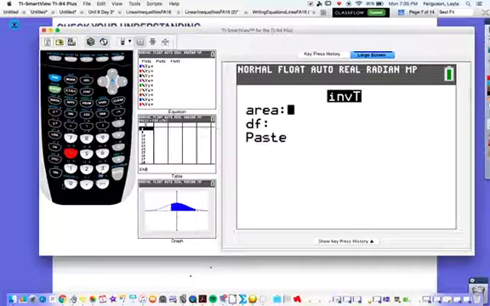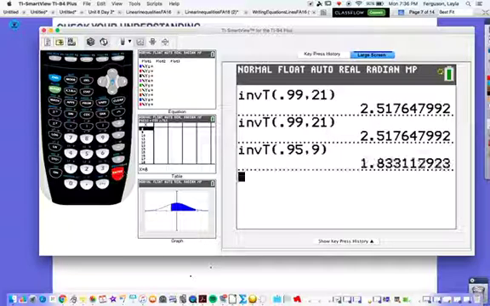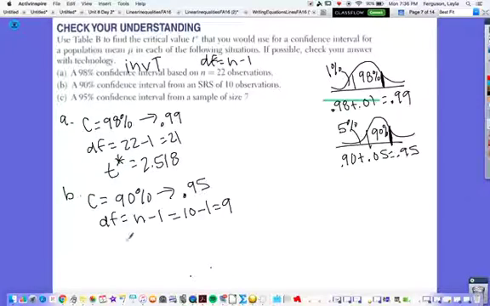I'm so used to going to 3. Area is 0.95, degrees of freedom is 9. Paste. So we get 1.833. So our T star is 1.833.